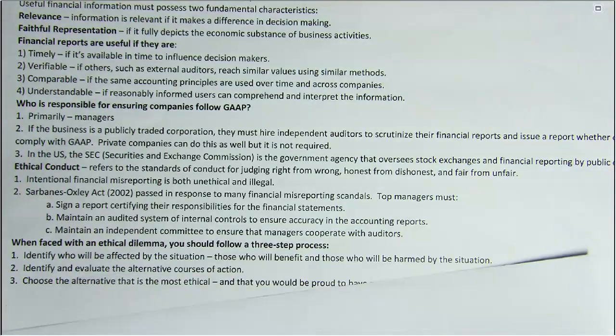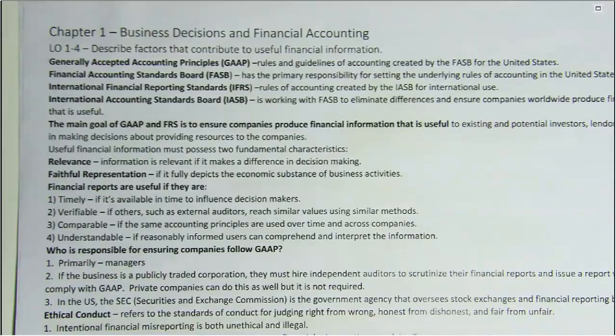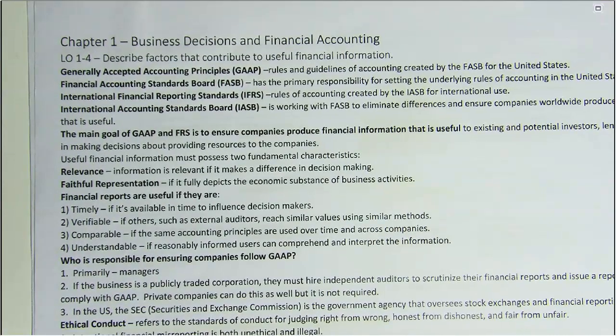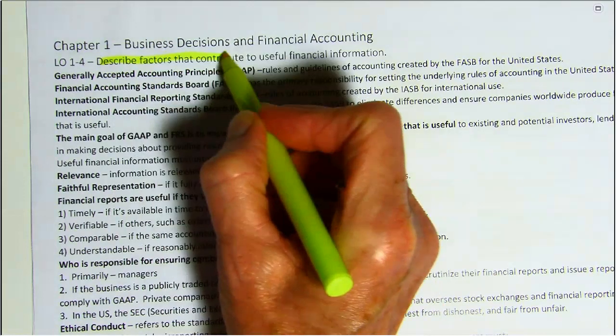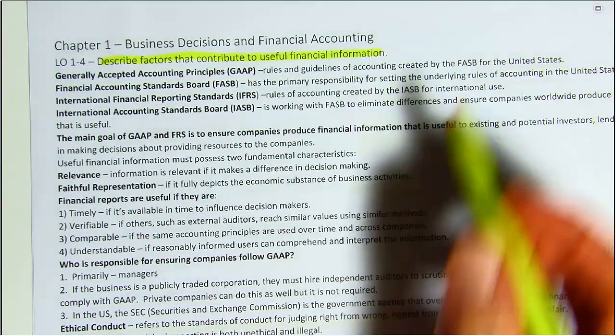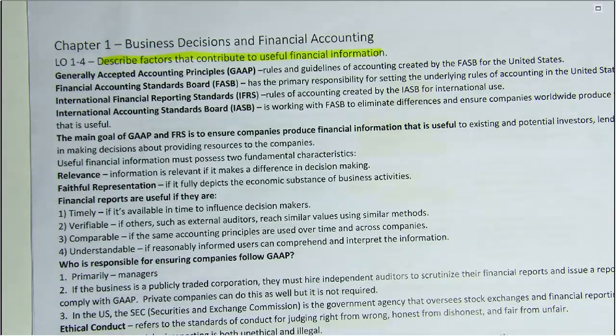Okay, so let's take a look at Learning Outcome 1-4. Learning Outcome 1-4 deals with describing factors that contribute to useful financial information. Again, let's think about the purpose of financial accounting.